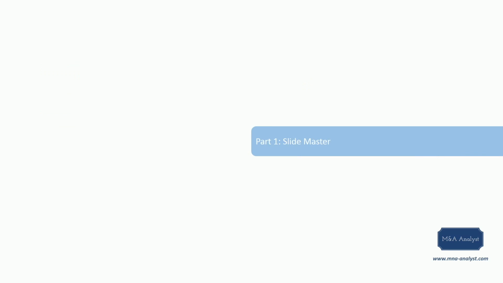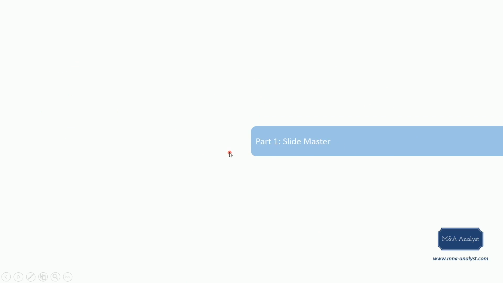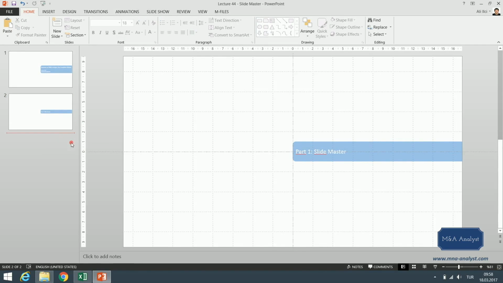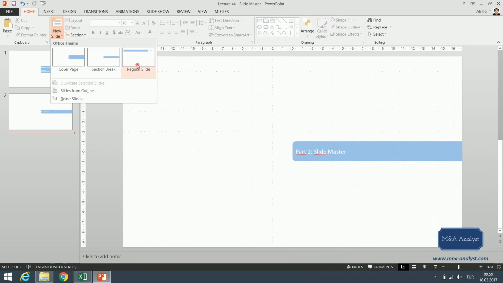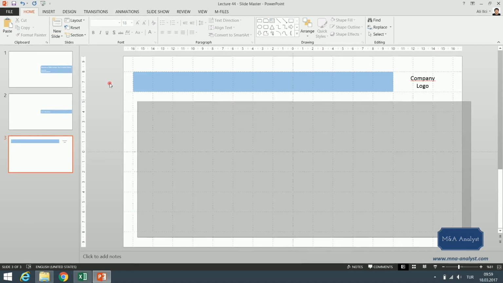As you can see, guys, Shift F5, now I have my first section break, my cover page, section break page, and I will add a slide here, new slide, and my first regular slide, so I can put whatever content I want here.